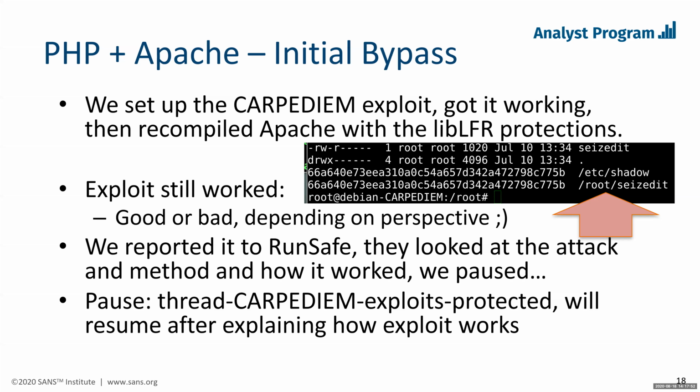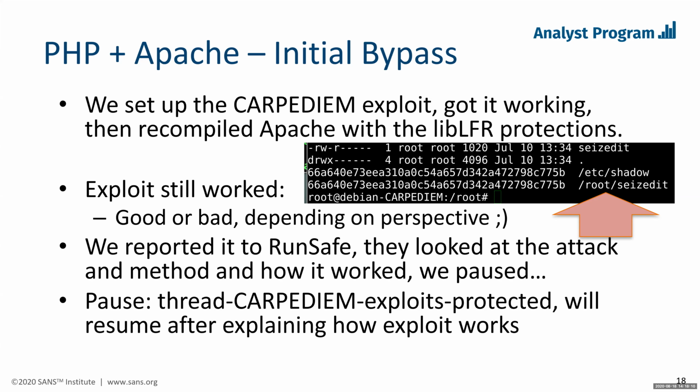So the out-of-bound read portion is not stopped by the function randomization at runtime, because it doesn't depend on a function being in some specific place. It's the program operating as it was coded.